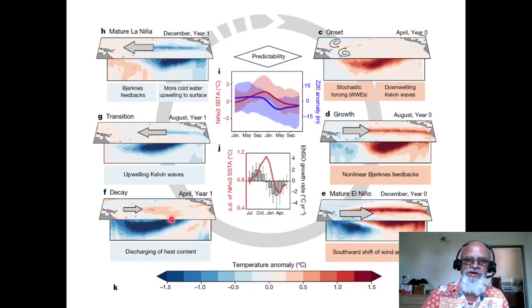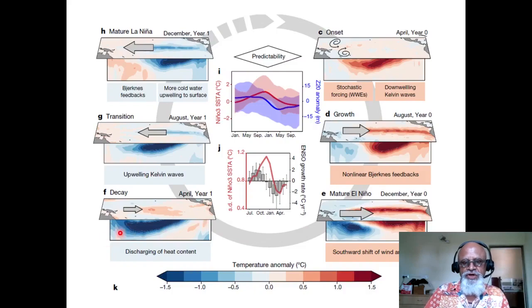If you go forward to April of year 1, so year 1 now will be 2027, you can see that the SST anomaly at the surface is beginning to disintegrate. There are some details. Sun is to the south in December, January, February, so everything will be shifted south, as we'll see in the next podcast.